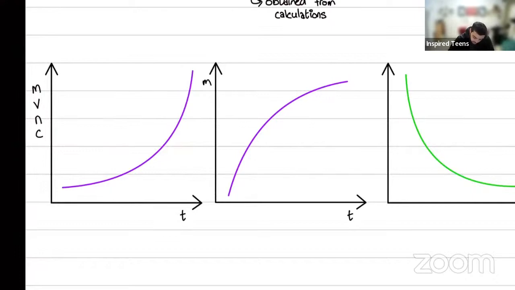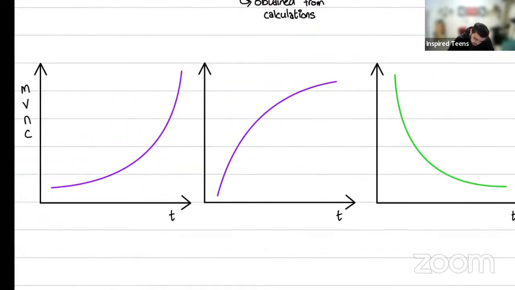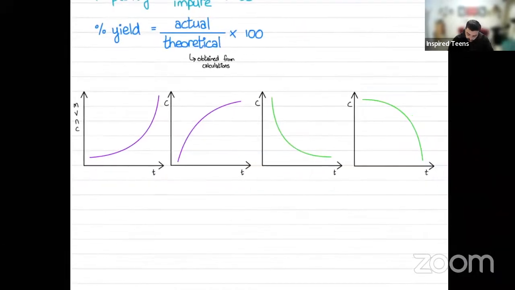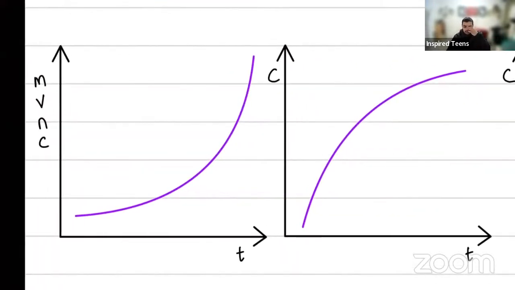So I'm just going to put concentration. Clearly these graphs are depicting the change in concentration versus the change in time. For example, it could be mass, volume, moles, concentration, anything that we can measure a change in that would show a change in the reaction specifically.